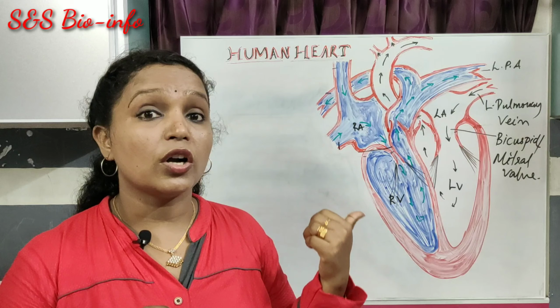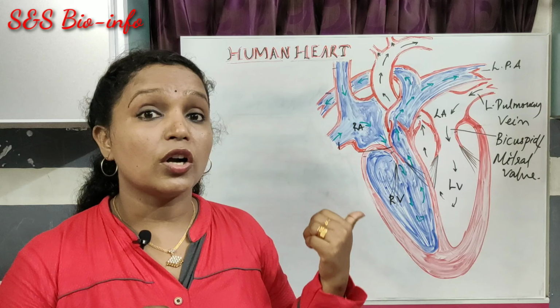So look at the diagram here. You can see the representation of the valve. This is a tricuspid valve which prevents the backward flow of blood from the right ventricle to the right atrium. Then another valve, the bicuspid valve, is on the left side, that is the bicuspid or mitral valve with two flaps.